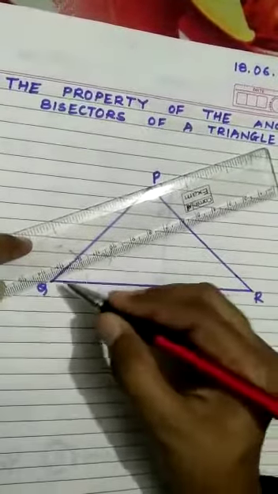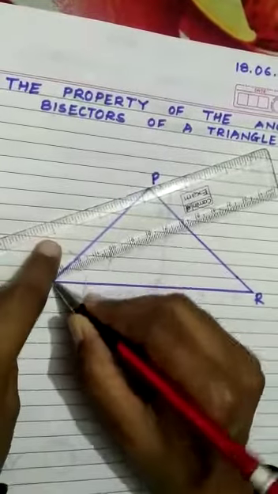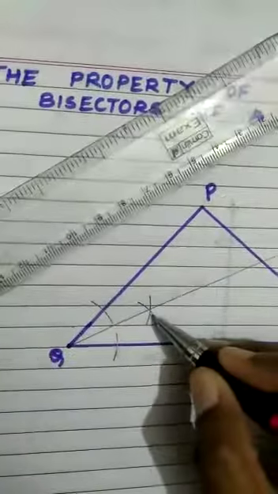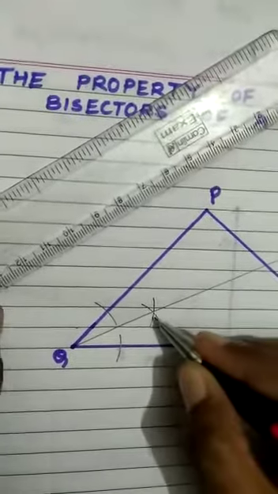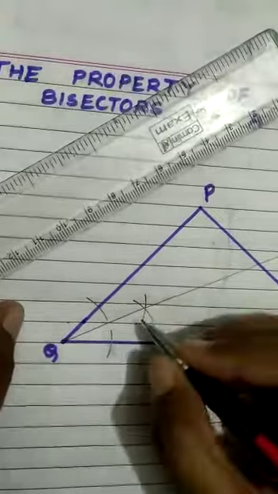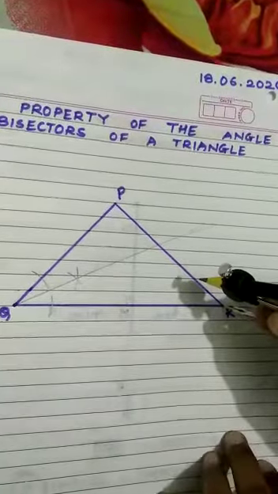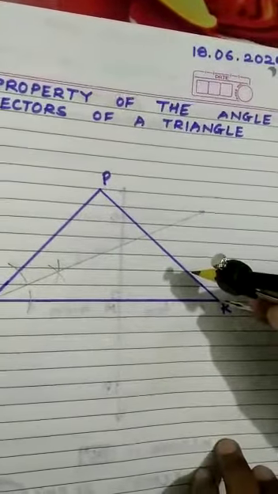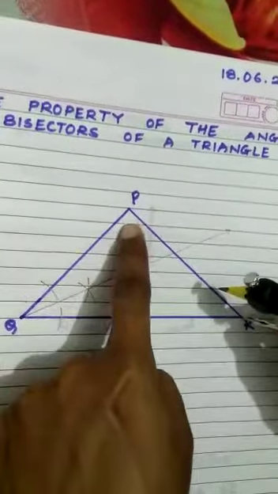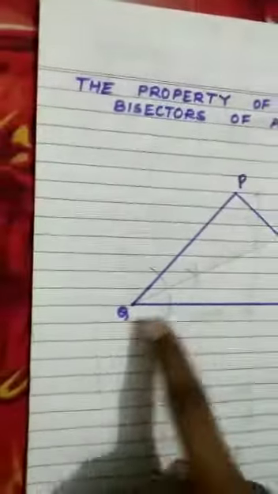Now draw a line passing through the intersecting point of the arcs. Properly you have to draw, children. Similarly, we are drawing the angle bisector for angle PRQ.